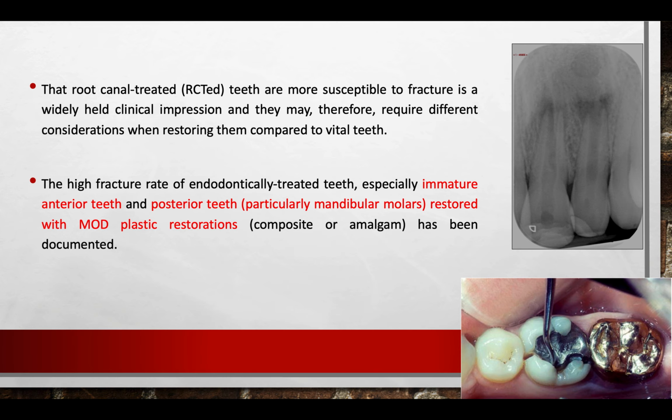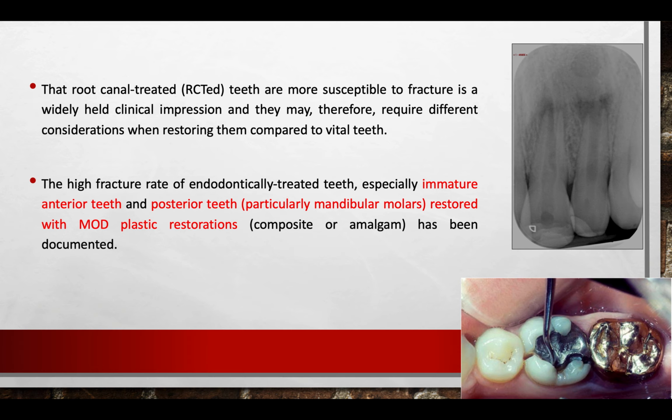Now, we have this idea that root canal treated teeth are more susceptible to fracture when we compare them to vital teeth. And this is quite right, and it comes from the fact that teeth will usually need root canal treatment if they are badly destructed and badly affected by caries or fractures or by trauma, and they lost the majority of the coronal tooth structure.